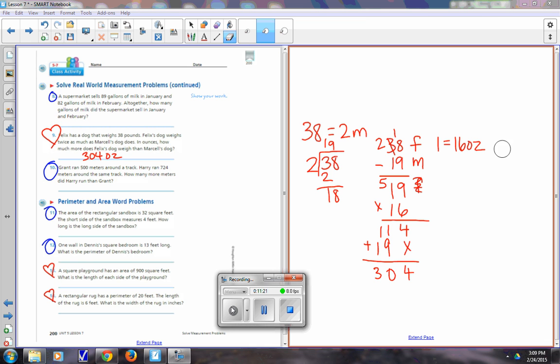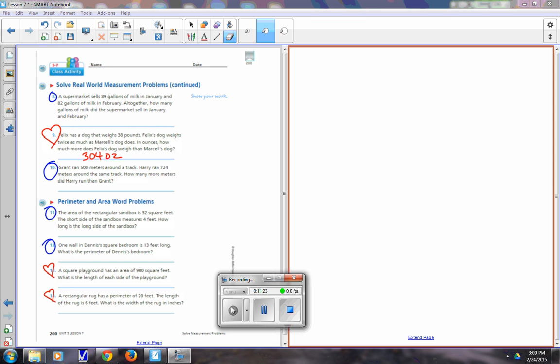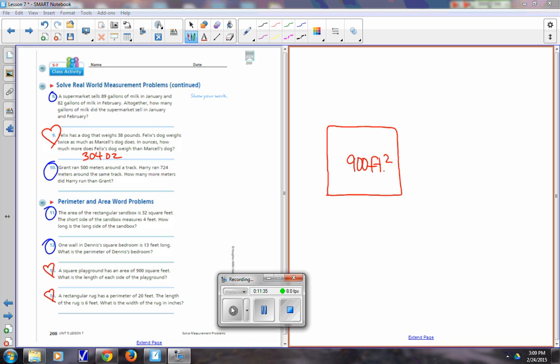My apologies. Okay, next one, down at the bottom. A square playground has an area of 900 square feet. What is the length of each side of the playground? Well, there's 4 sides, right, ladies and gentlemen? So each side is equal.